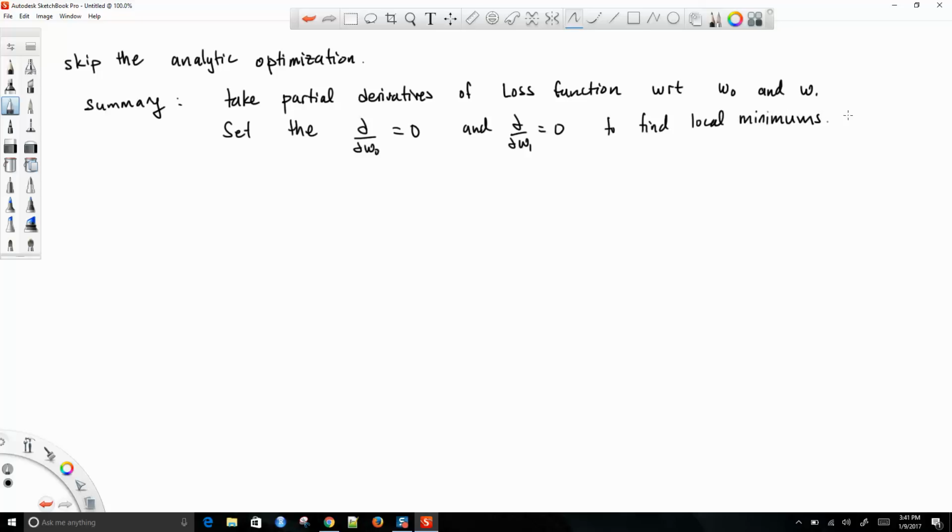And it turns out, because it's quadratic, the local min is the global min. And that's how you get your solutions to what is the best fitting slope and intercept.